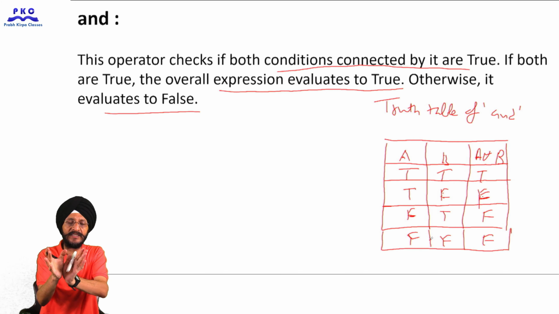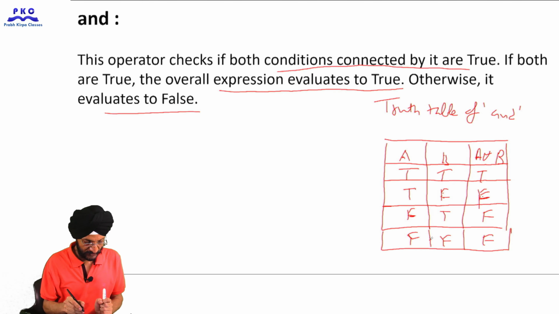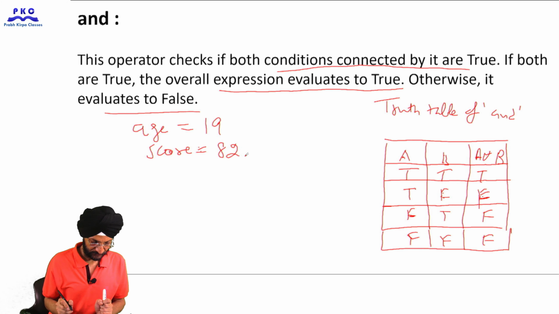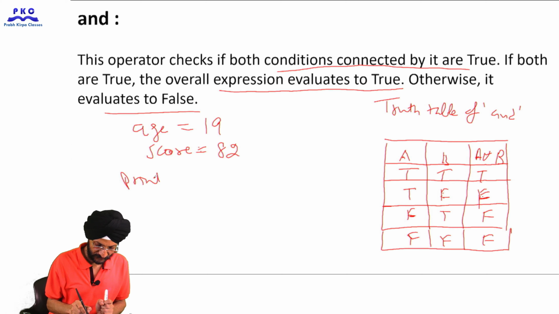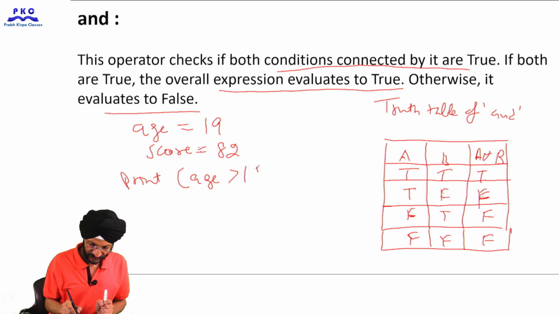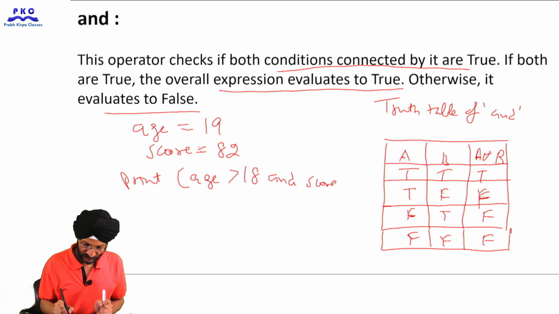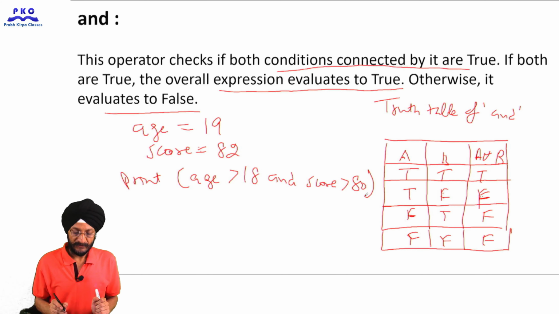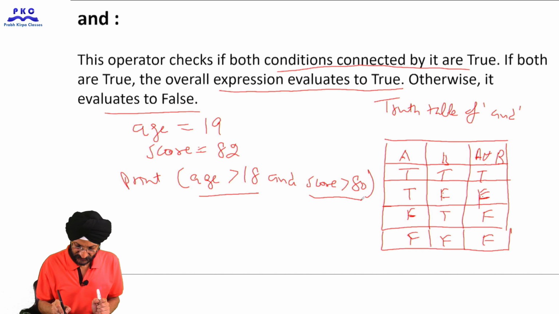We understand these conditions with the help of an example. Suppose we have age is equal to 19, score is equal to 82, and we use the print function: age is more than 18 and score is more than 80. Here, this is the first expression, this is the second expression, and this is the AND operator.